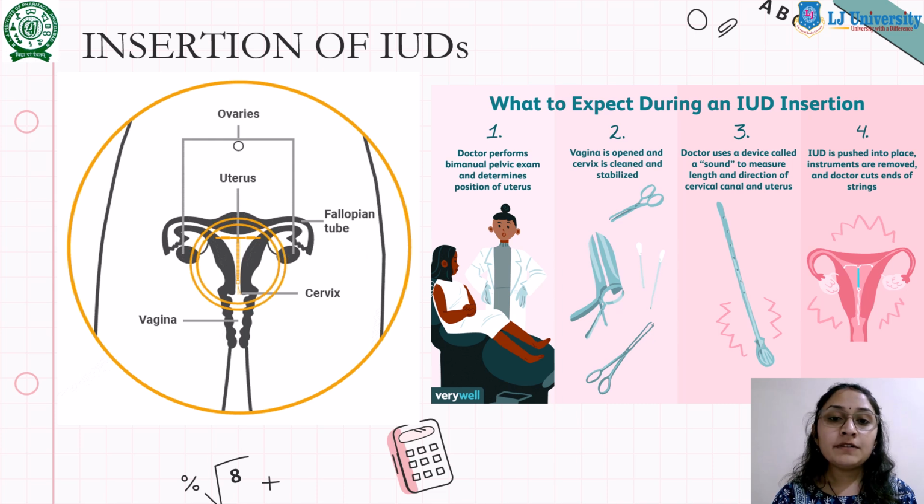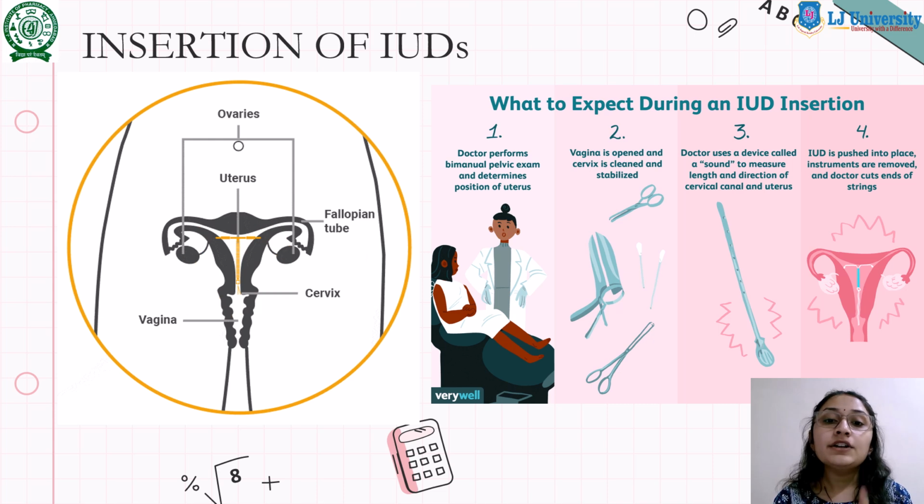First of all, a doctor should know the position of the uterus, so they will perform an examination to locate the position of the uterus and its length, because due to different body types, the shape and length of the uterus differ. So the doctor examines the position as well as the length of the uterus.